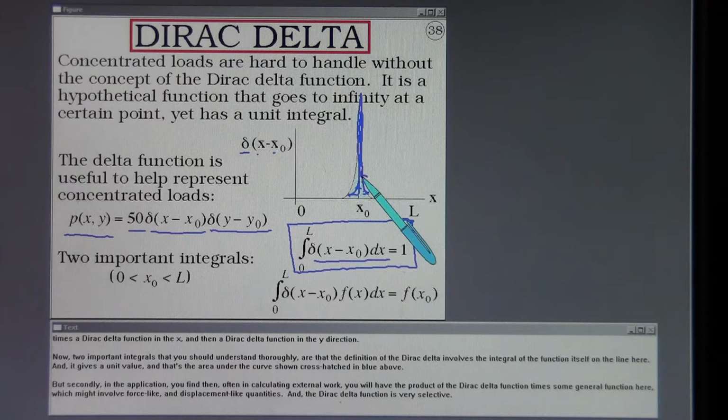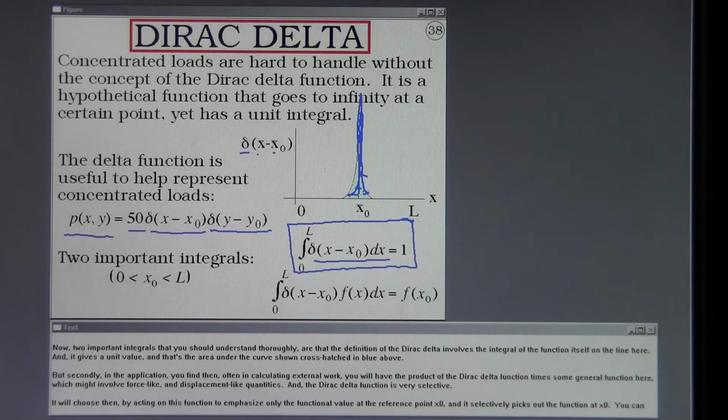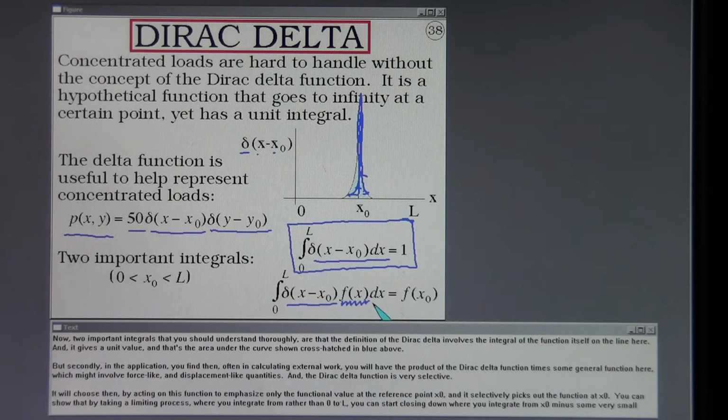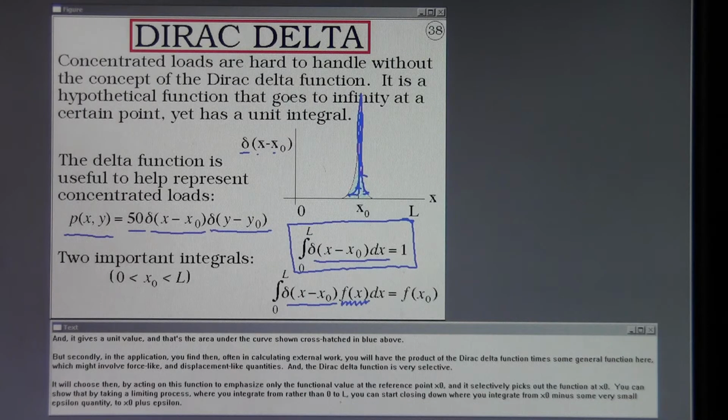But secondly, in the application you find then, often in calculating external work, you'll have the product of a Dirac delta function times some general function here, which might involve force-like and displacement-like quantities. And the Dirac delta function is very selective. It will choose then, by acting on this function, to emphasize only the functional value at the reference point x0, and it selectively picks out the function at x0.